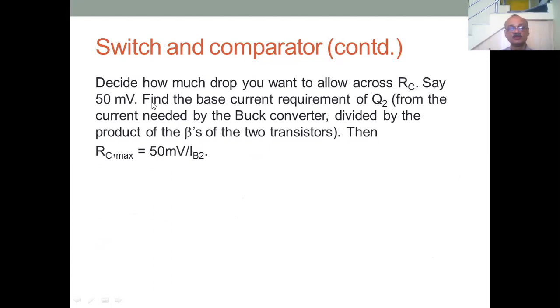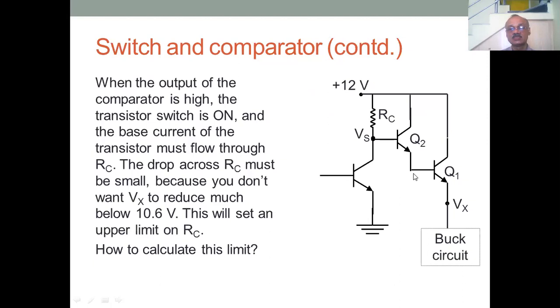Now you know the base current requirement of Q2, because you know this current that you've already determined from simulation. You divide by the beta of Q1, which, by the way, you have to find from the data sheet, and then divide by the beta of Q2. That is the current through RC.